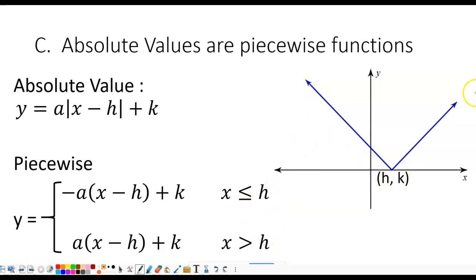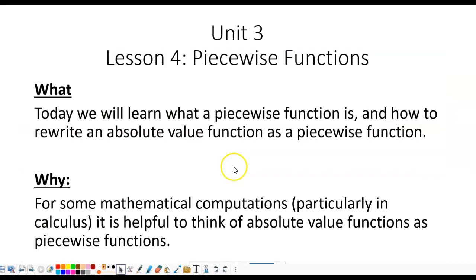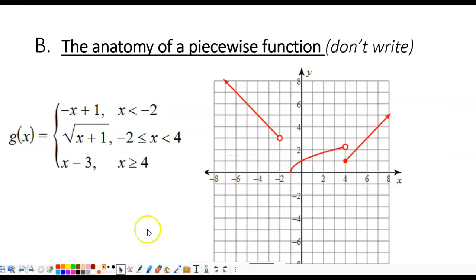Now, for absolute value functions, it doesn't matter, but for other types of piecewise functions, like the one we looked at earlier, it would matter. Notice right here it says x is less than 4, and this one says x is greater than or equal to 4.